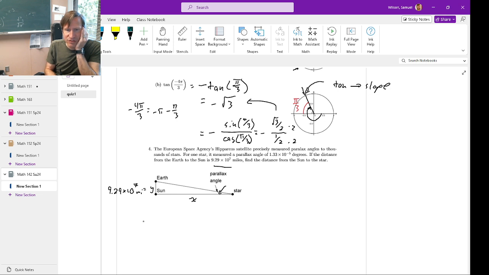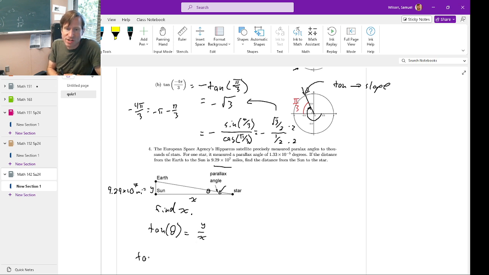Okay, and we want to know x. We want to find x. And we know y. So we should use a trig function that relates x and y. So that's going to be the adjacent side and the opposite side. So that's tangent. We should use tangent. So tangent of that angle theta, which is this angle up here, is y over x.